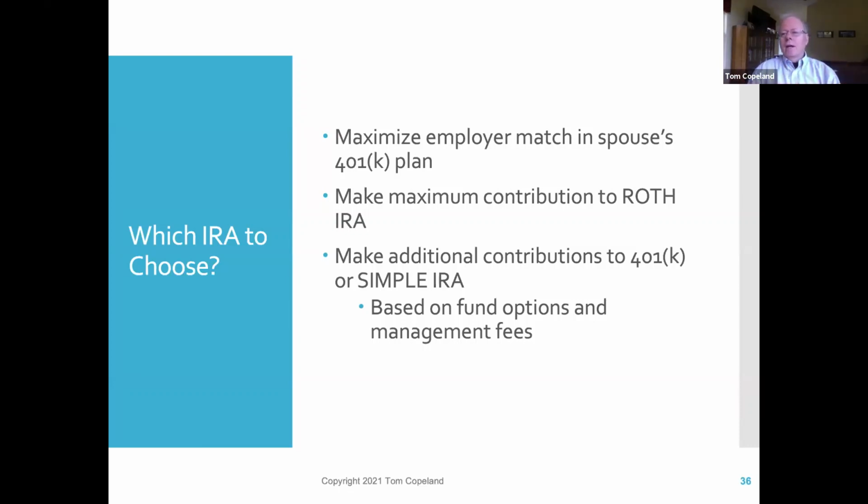Now, people asked about a childcare program or a self-employed provider setting up their own 401k plan. You can do an individual 401k plan. I hesitate to recommend that. The advantage of that is you can contribute a lot more to your retirement. Most people don't have that much money to contribute.